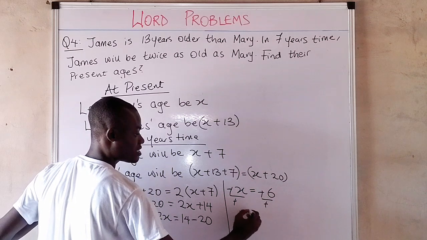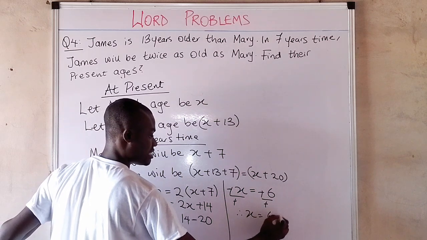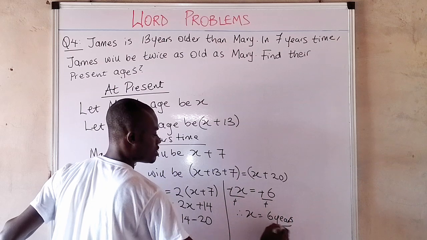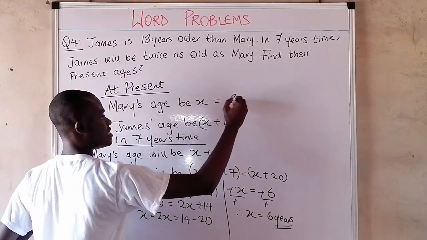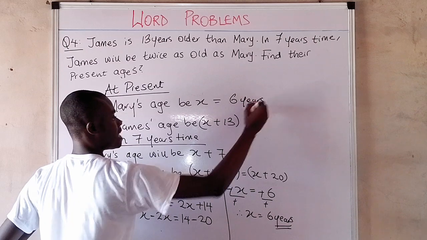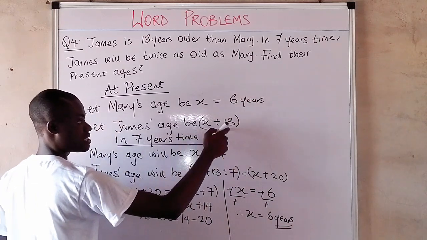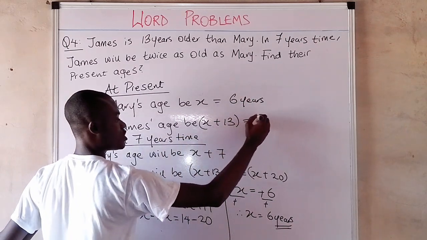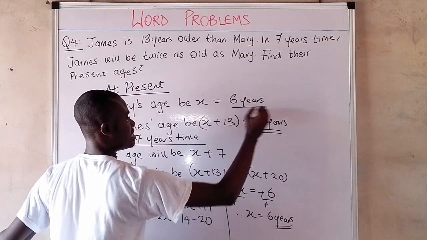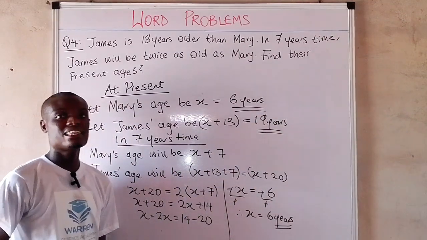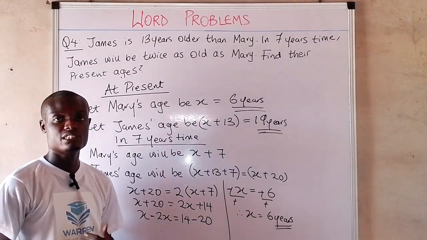So lastly, we have that X is equal to 6 years. So that will tell us that at present, Mary's age is 6 years. That means that James will be 6 plus 13, and 6 plus 13 gives us 19 years. So their present ages are 6 and 19 years respectively.